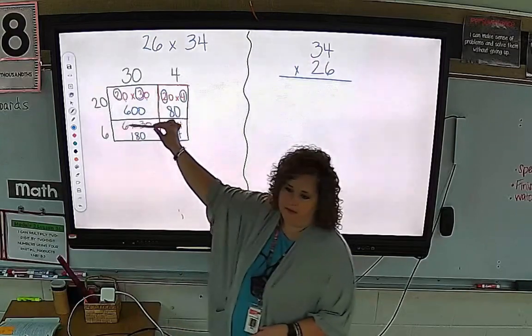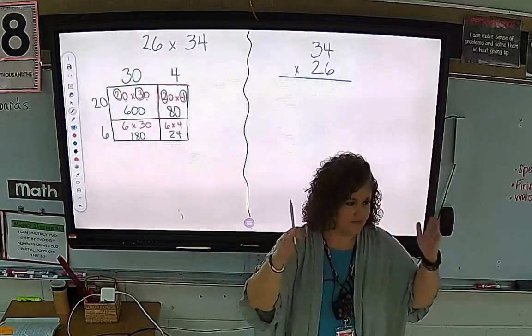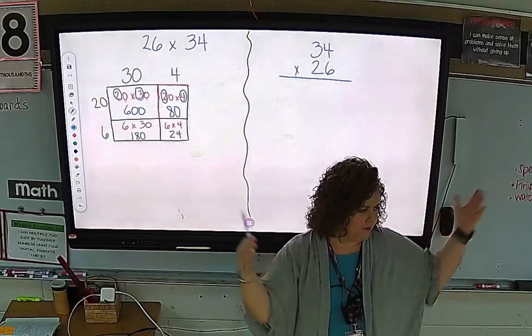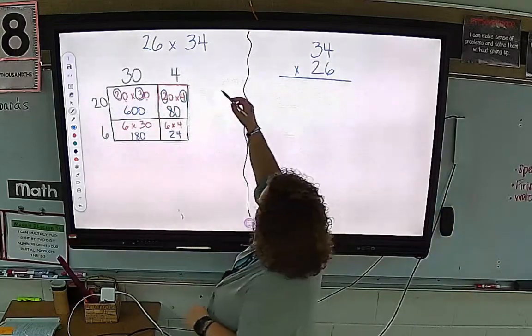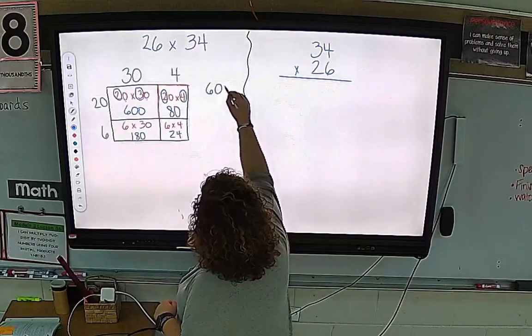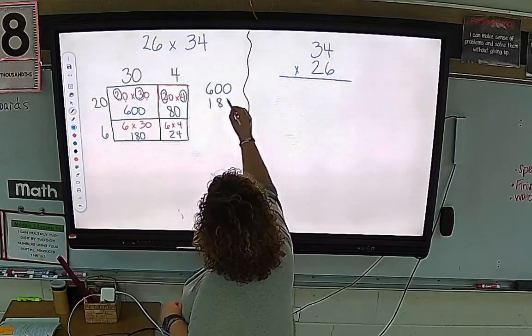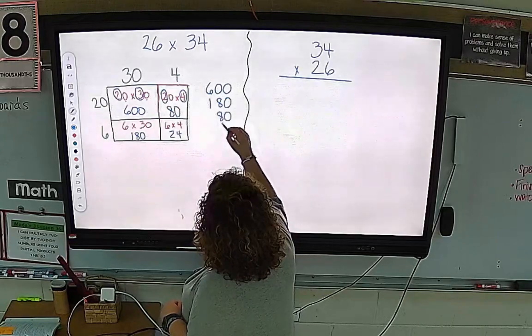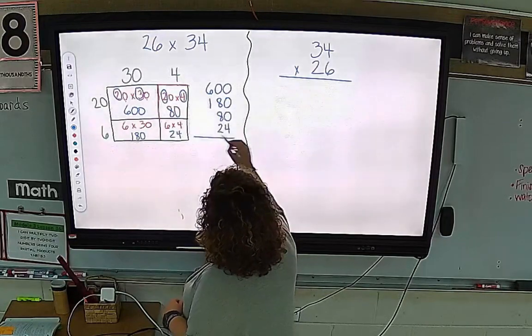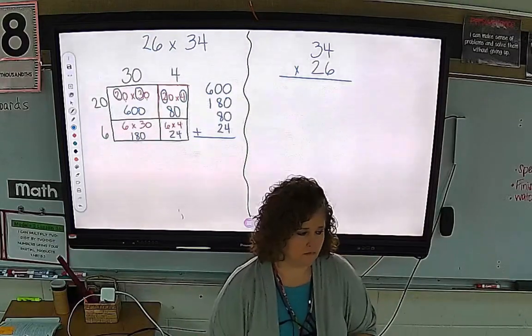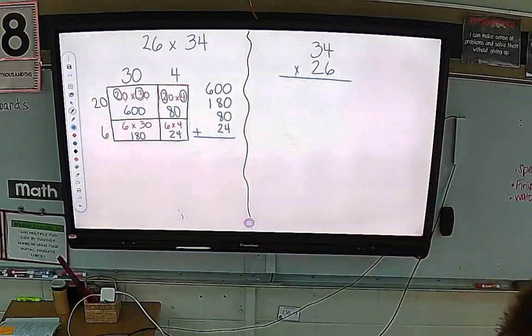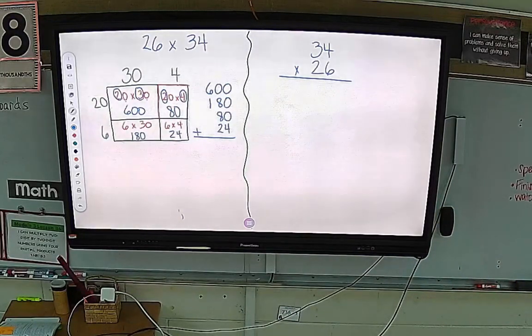I like to write them in the order of their size. The biggest number first, then the next. That way, if one is longer, it goes up top and makes it easy to line up all the other numbers. So 600, 180, 80, and 24. Could I mix those up? Yeah, I could, but it would be a whole lot harder to line them up just right with the ones places and the tens places and all that. Okay, go ahead and add those up.